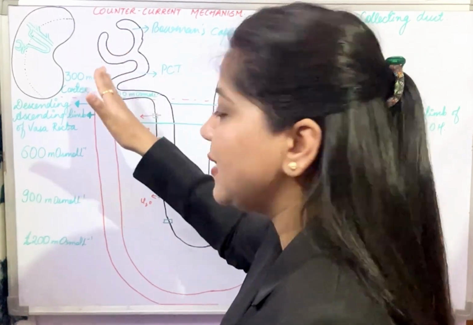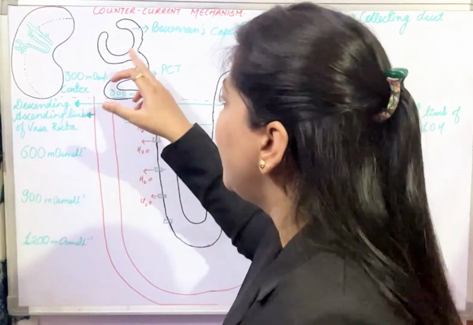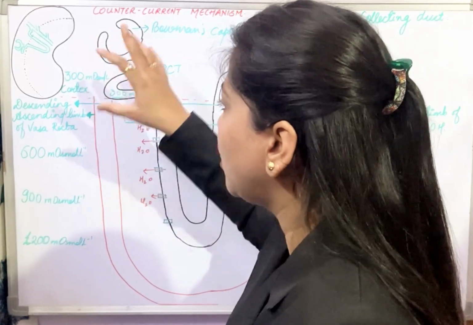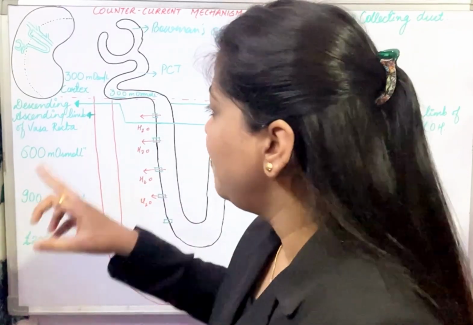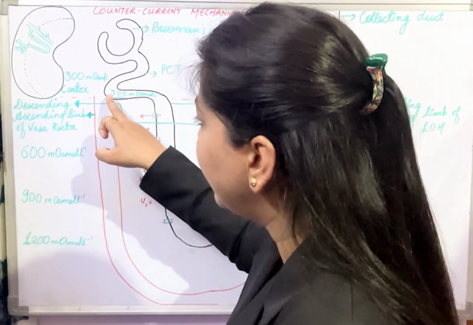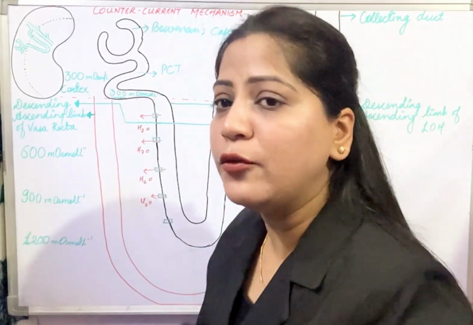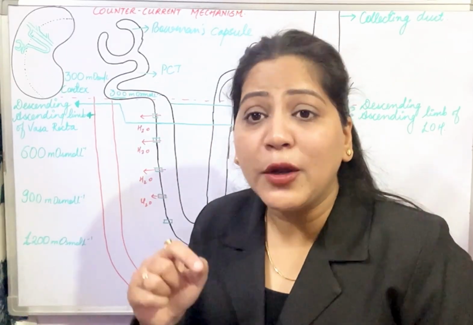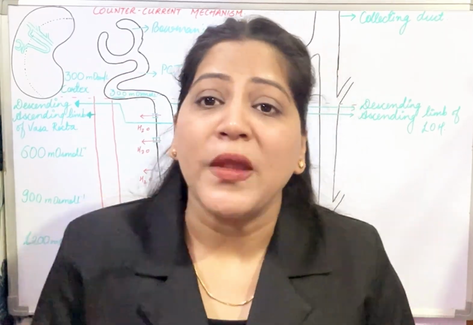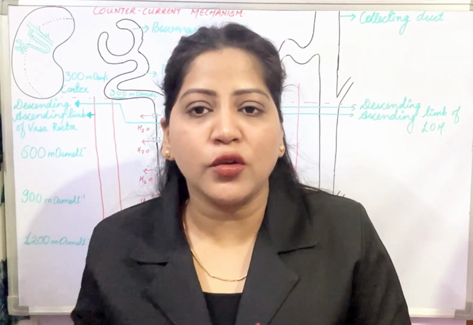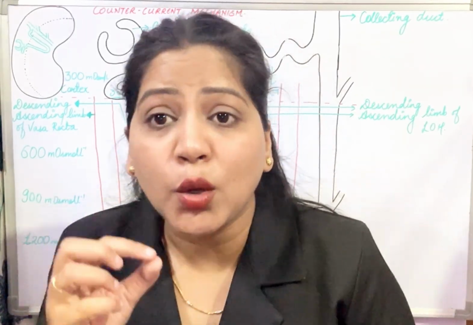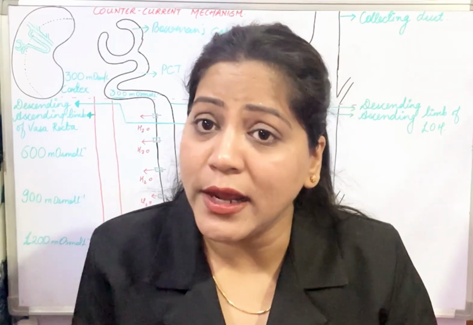When the filtrate is in the cortical region, in the PCT region of the nephron, the osmolarity of that filtrate will be 300 milliosmol per liter. But when it goes down in the descending limb of loop of Henle, which lies in the medullary part of the kidney, the concentration will change.